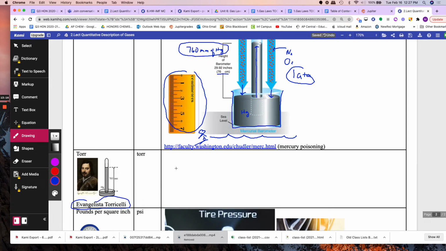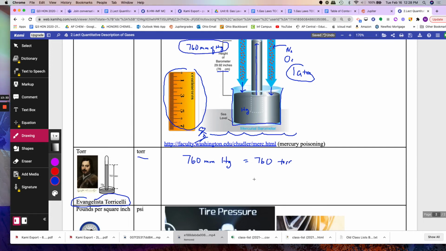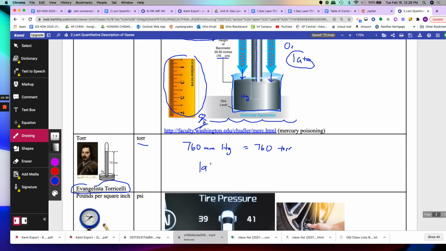Okay, so since he invented the barometer, there's also a unit called the torr, and it's equivalent to millimeters of mercury. So 760 millimeters of mercury is the same as 760 torr. You can use either or. So what that means is 1 ATM is equal to 760 torr.